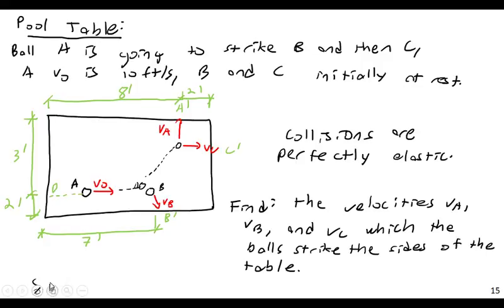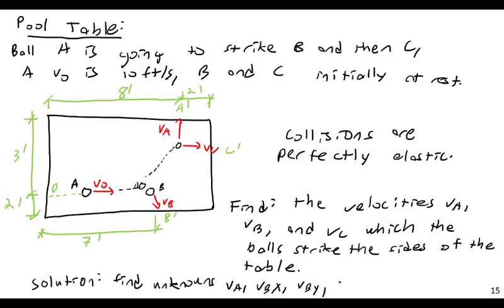So solution, find unknowns VA, VBX, VBY, and VC. All right.